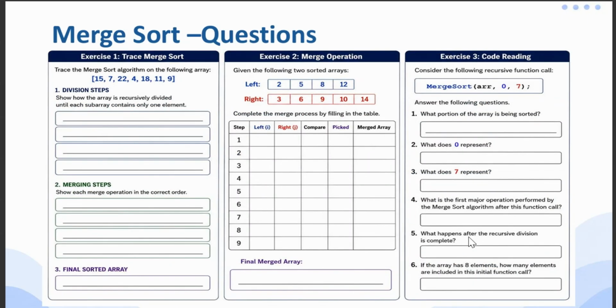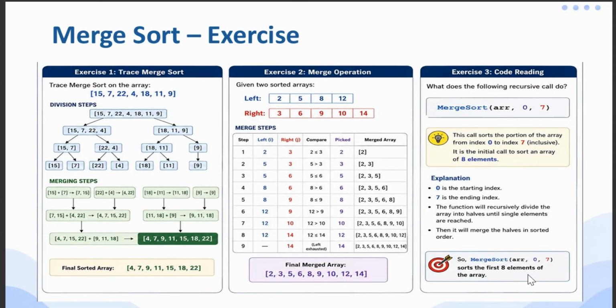So if the array has n elements, how many elements are included in the initial function call? So the merge sort sorts the first 8 elements of the array, right?